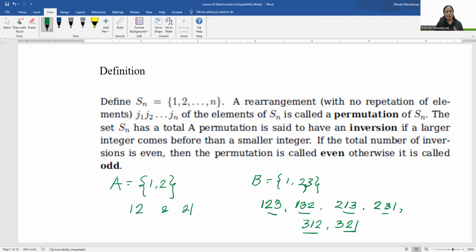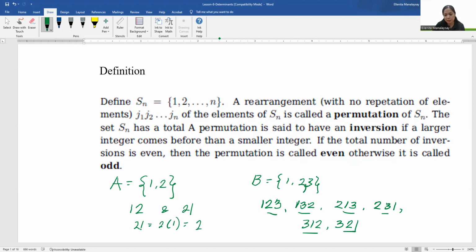We learned this idea in counting techniques about permutation. The set S sub n has a total of n factorial permutations. So for 2 elements, the number of arrangements is 2 factorial, which is 2 times 1, so we have 2.